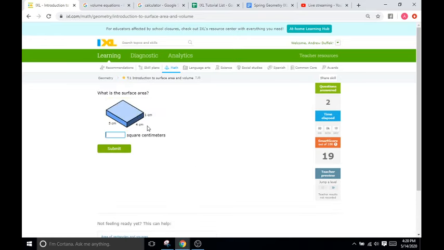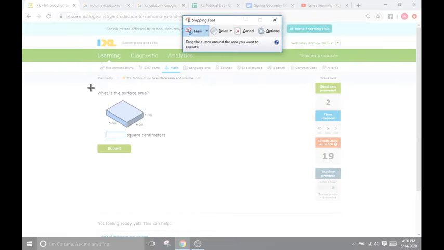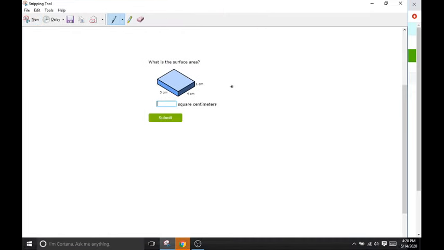Okay, what's the surface area? I guess I can do this one real quick. This surface right here is going to be 5 times 1, which is 5. Same thing for the back. This one is going to be 4 times 1, which is 4. Same with the back. The top is going to be 5 times 4, which is 20.